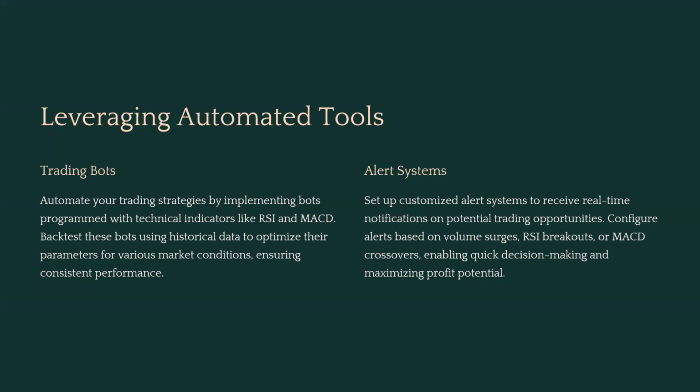So now a lot of trading tools can use trading bots, and you can also set up a customized alert system to alert yourself and receive real-time notifications on potential trading opportunities.